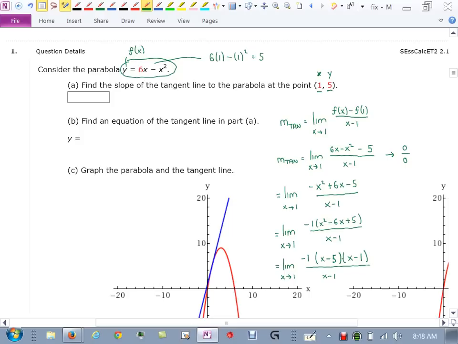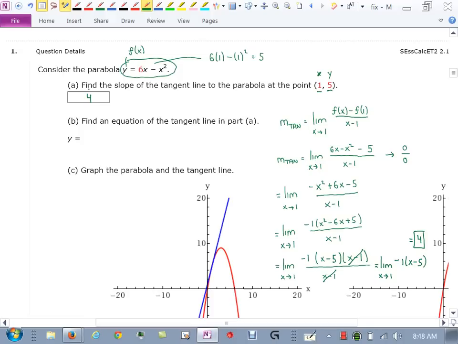So that does work. And notice here that the x minus 1's cancel. So all you're left with is the limit as x approaches 1 of negative 1 times x minus 5. If I now let x become 1, we get 1 minus 5, which is going to give me negative 4. But then I multiply it times negative 1, so I get 4. So the slope of the tangent line here should be 4.